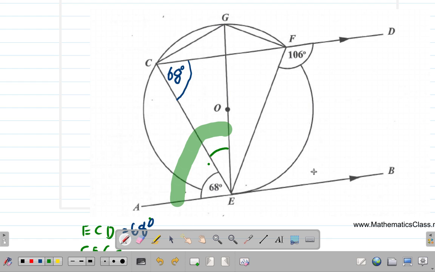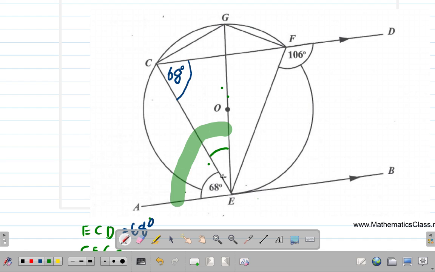Notice AE is part of the tangent, and EG is the diameter of the circle. That means from E to O would have been the radius.